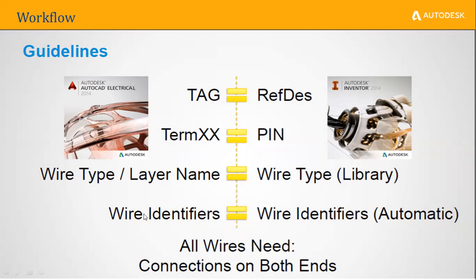Wire types and wire identifiers, like 16 AWG, and we can also identify based on gauge sizes. And finally, there should not be any open connection left out. All wiring connections should be made on both ends, so that it will avoid any errors while moving data from Electrical to Inventor.